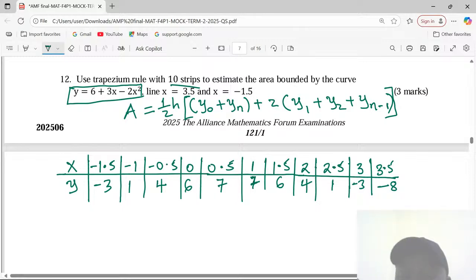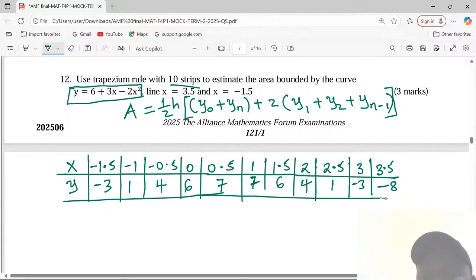But we are interested in the size. So, for example, the first value of height is a 3. The negative is just to tell us where it is found on the lower side of the x-axis. That's why when finding area, we just ignore it, so that we just get the amount of area. We don't focus on the sign now. We focus on the size.